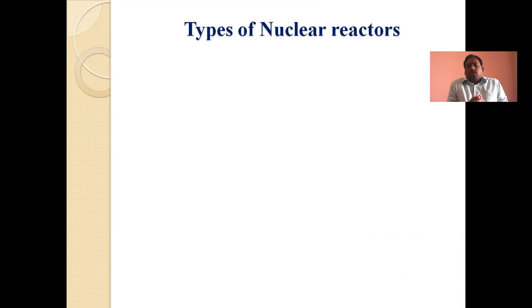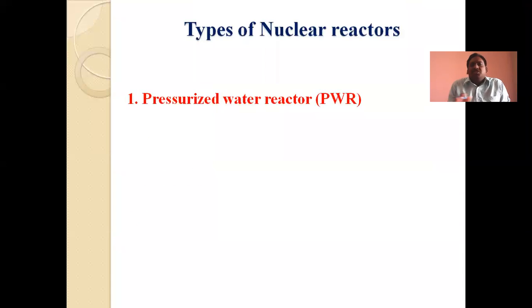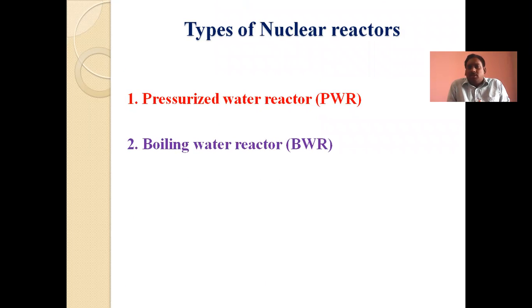Actually, there are many types of nuclear reactors, but as per our curriculum, we will discuss four types. First, the pressurized water reactor (PWR). Second, the boiling water reactor (BWR). Third, the fast breeder reactor (FBR).